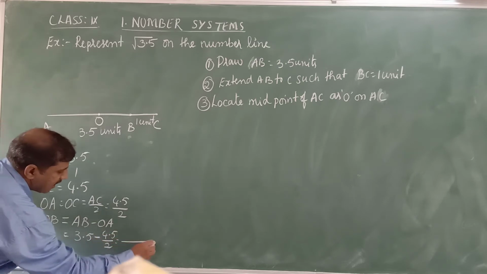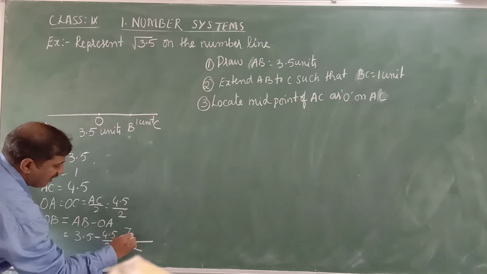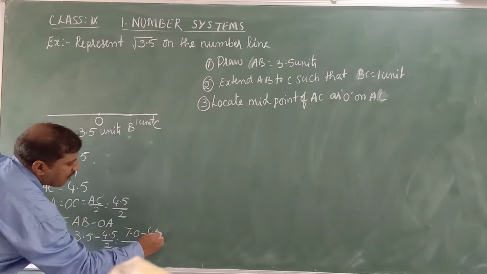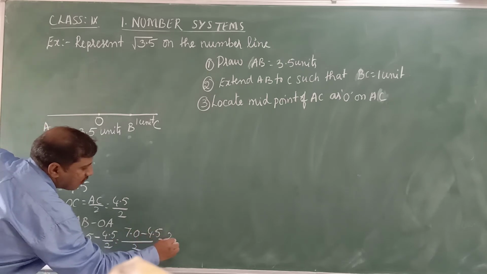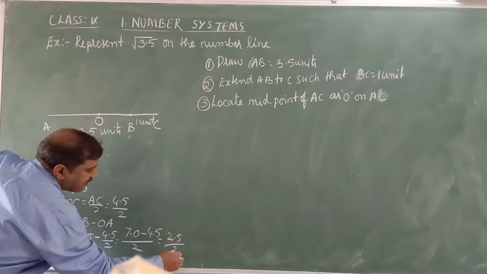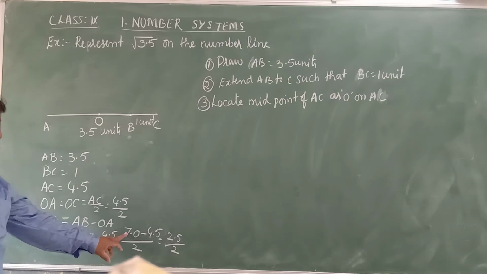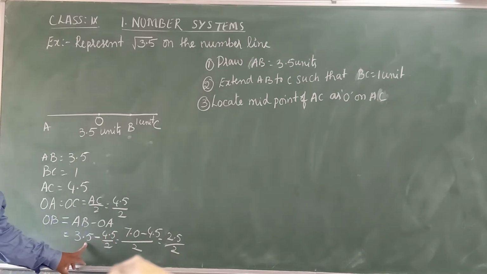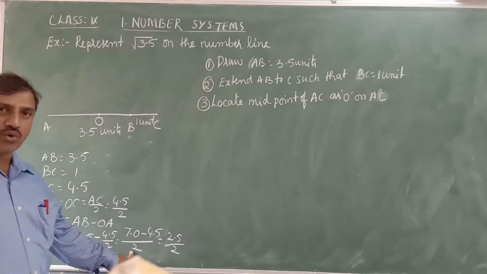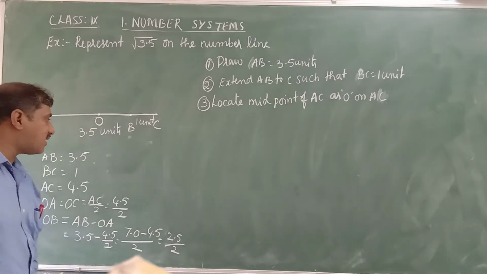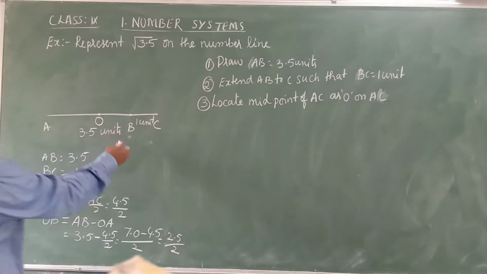Simplify this, 2 is the LCM. 7.0 minus 4.5 we get 2.5 by 2. So OB is equal to 2.5 by 2. How did we get 7.0? 3.5 is 3.5 by 1, so 2 into 3.5 is 7.0. Now we got it.